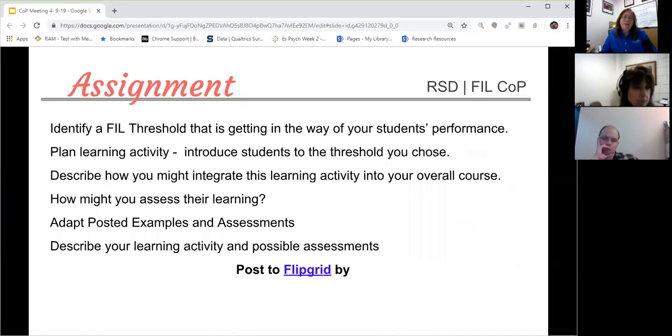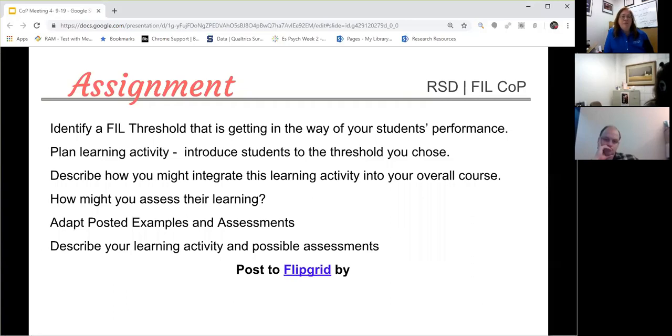With that, your assignment for this upcoming module is to identify a threshold concept that's getting in the way of your students' performance, and then plan a learning activity that introduces your students to the threshold you choose. Describe how you're going to integrate this into your overall class, and think about how you're going to assess it.